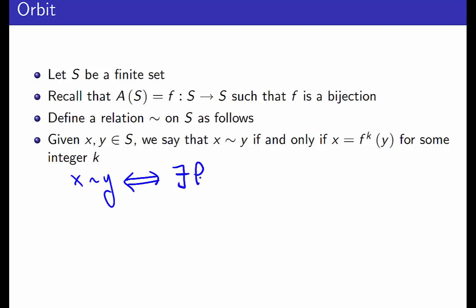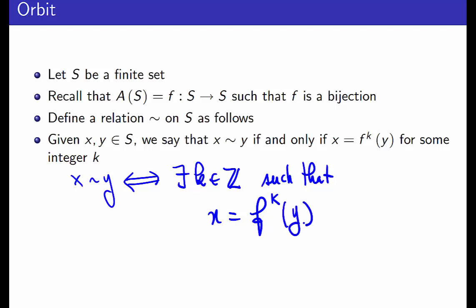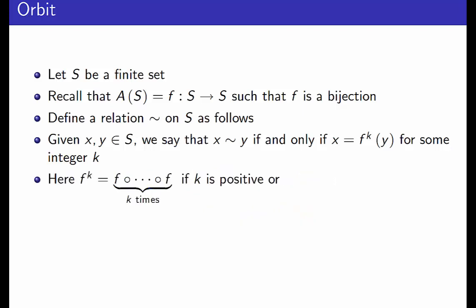there exists an integer k such that x is equal to f^k applied to y. So what does this notation mean here? If k happens to be positive, then we mean that we are composing f with itself k times.